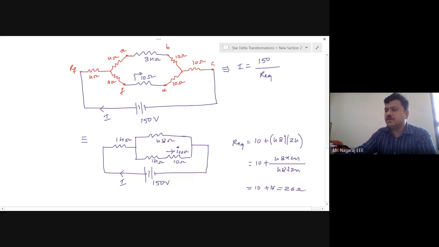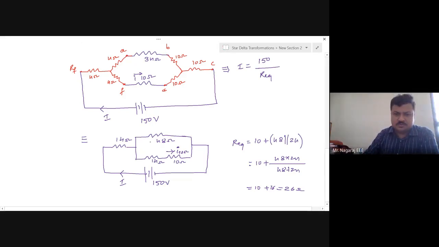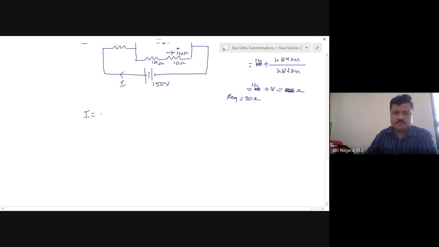Is it right? Yes, sir. Sorry, not 10 plus. It is 14 plus. This is 14, 14 plus parallel combination of this. So this R equivalent is 30. Therefore, I is 150 by 30, 5 amps.